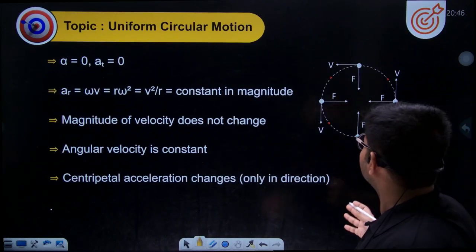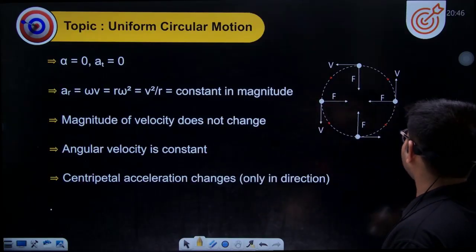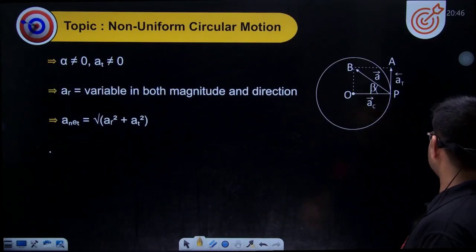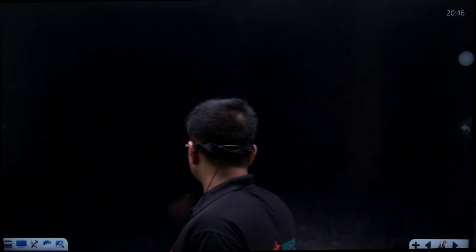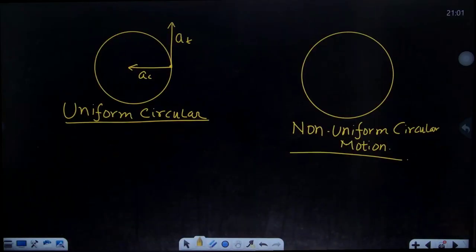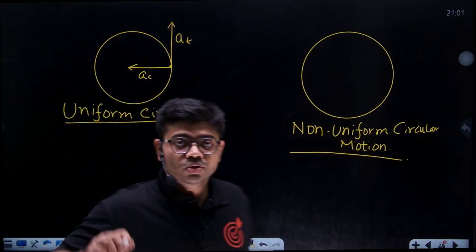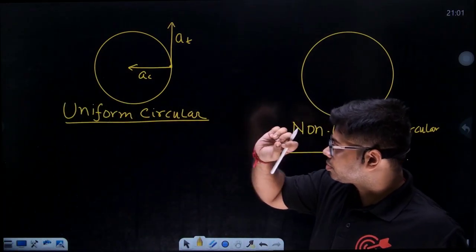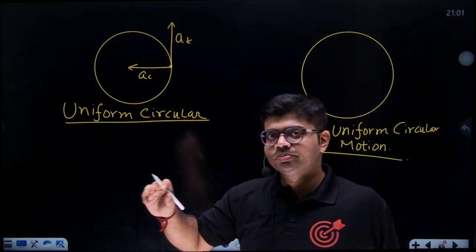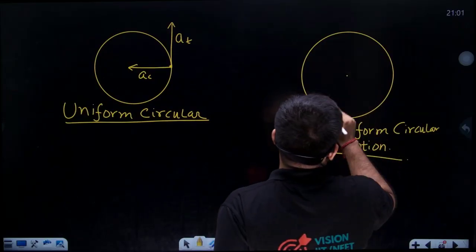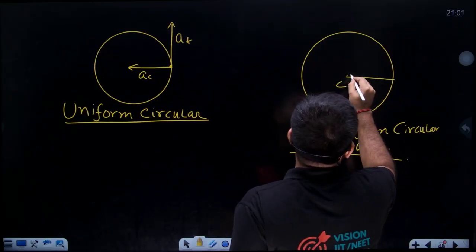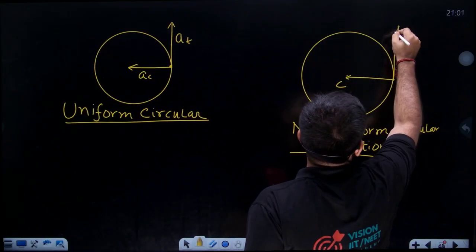Now, I have two kinds of circular motions. We will be talking about two kinds of circular motions here. When we are talking about uniform circular motion and non-uniform circular motion, in both the cases, you will have two accelerations.